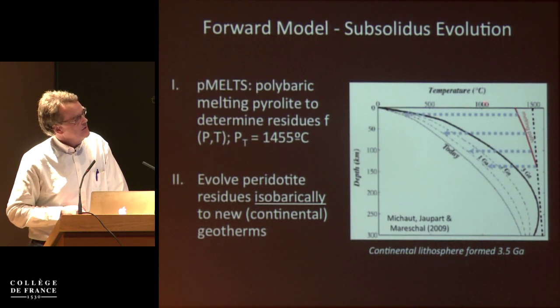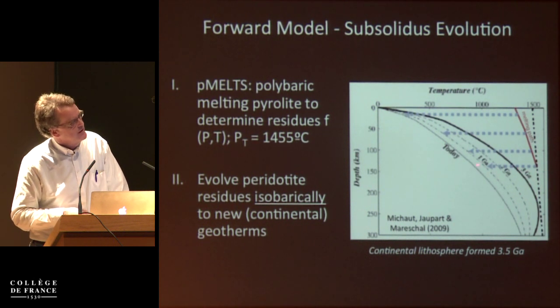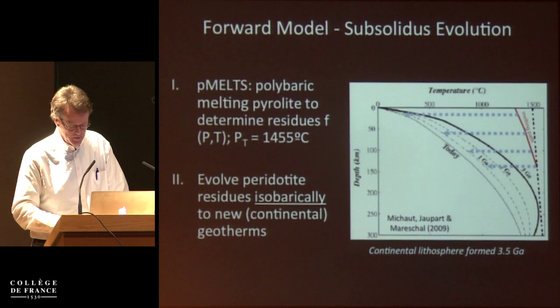And we are now bringing this along various continental geotherms, and as a function of time for a lithosphere that was formed, say, at 3.5, so 500 million years later here, 2 billion years and 1 billion years.